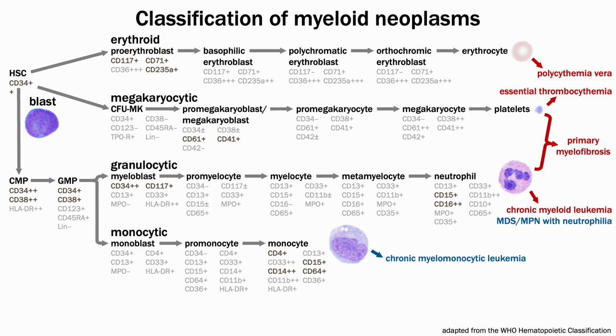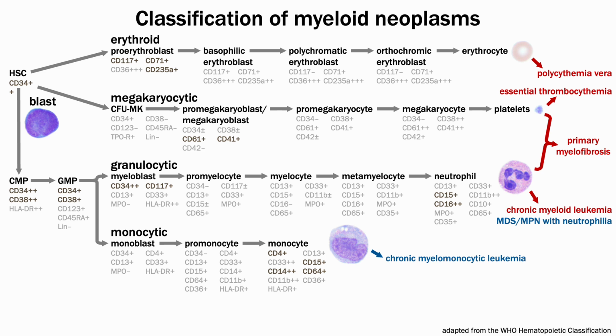Also in the same category is a disease now called MDS-MPN with neutrophilia, and this primarily shows neutrophilia, but the neutrophils are dysplastic. This disease used to be called atypical CML, but so-called atypical CML had nothing to do with CML, and that just confused people, so they renamed it.